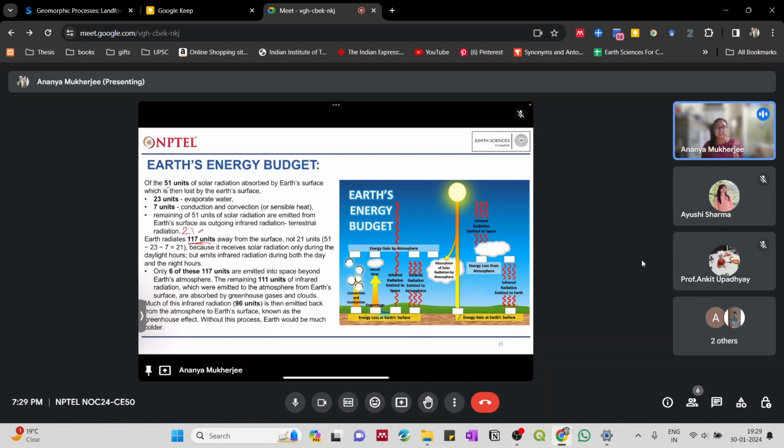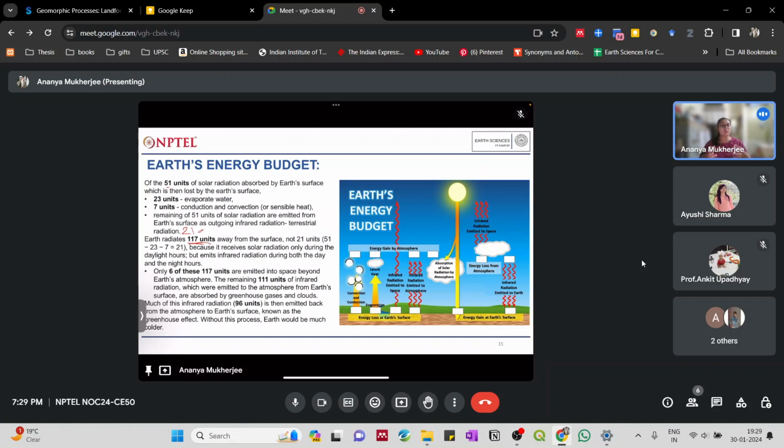Okay, so only 6 of these 117 units are actually emitted back into the space. The remaining 111 units of that infrared radiation are emitted through the atmosphere outside into the space. Most of them are absorbed by the greenhouse gases and the clouds.